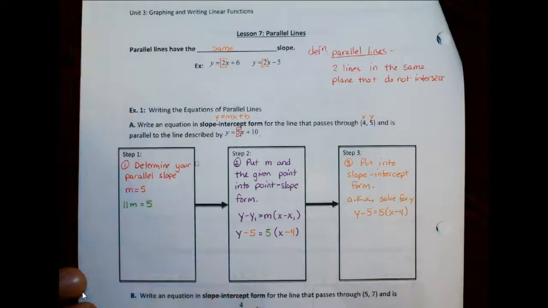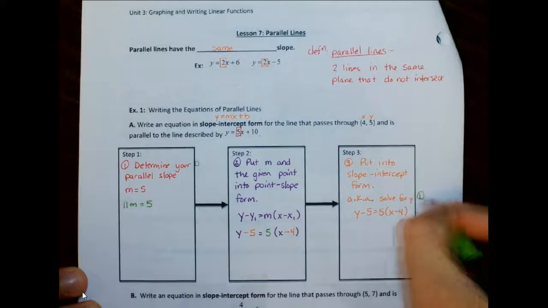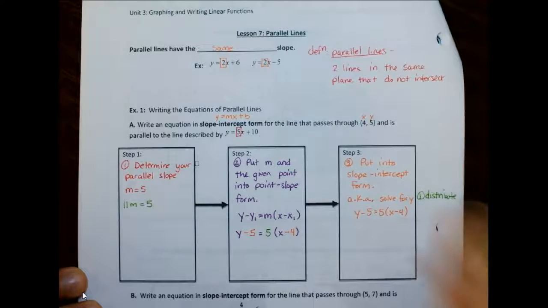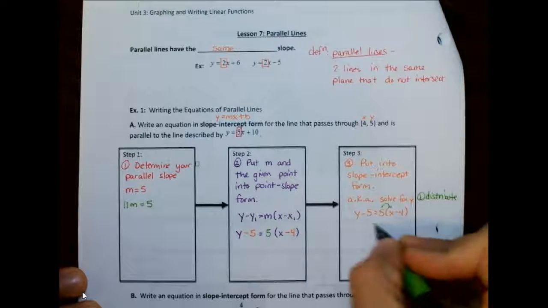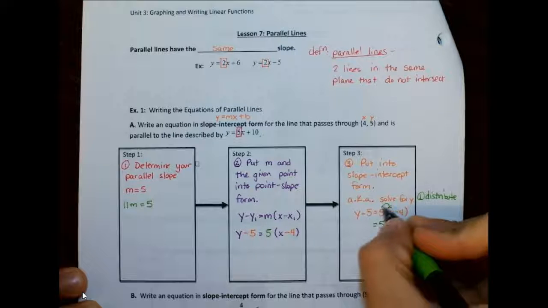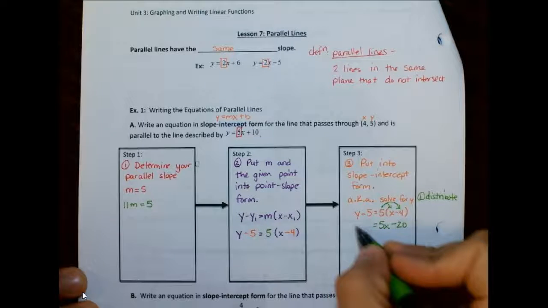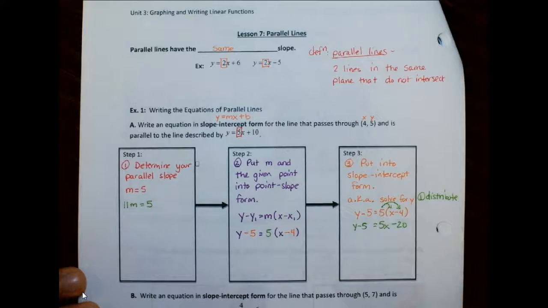So in order to get y by itself, the first thing that you want to do is distribute. So I'm going to take 5 times x, which is 5x, 5 times negative 4, which is negative 20, and I still have y minus 5 is equal to that whole thing out front.